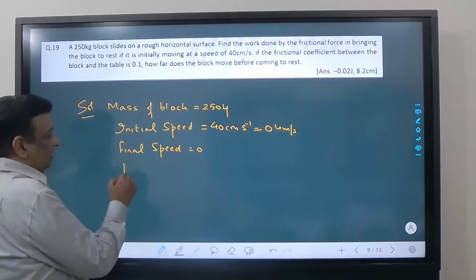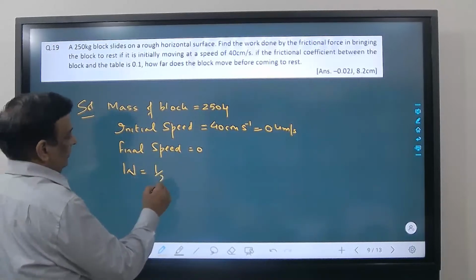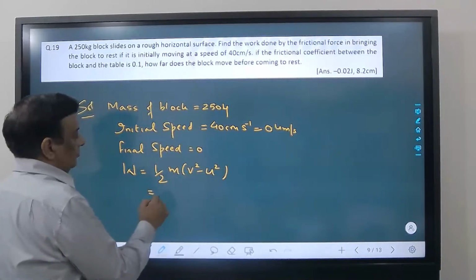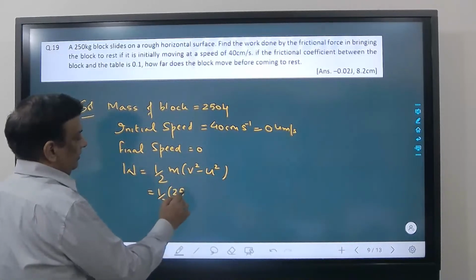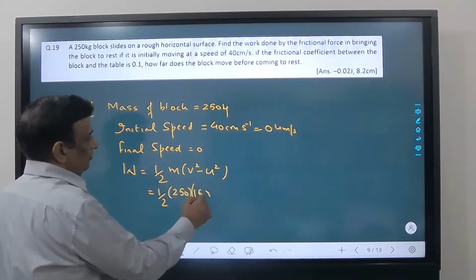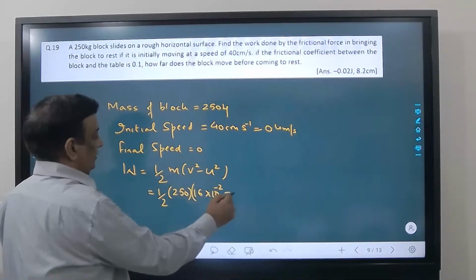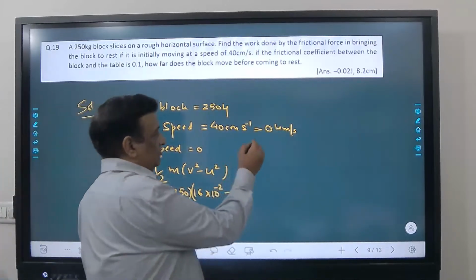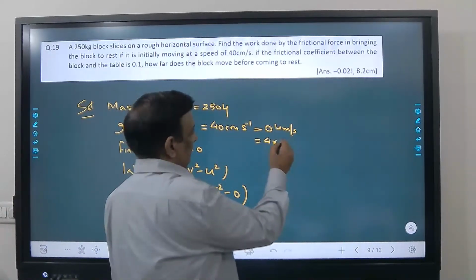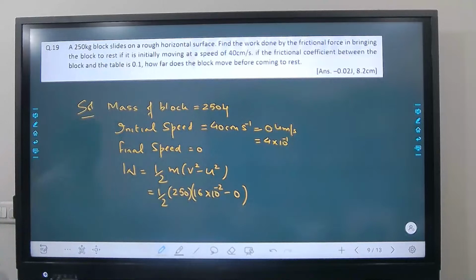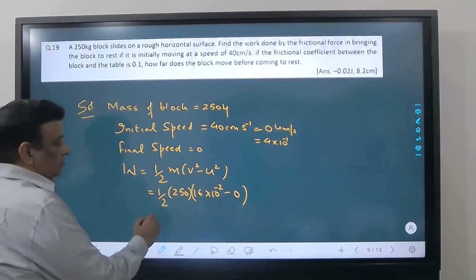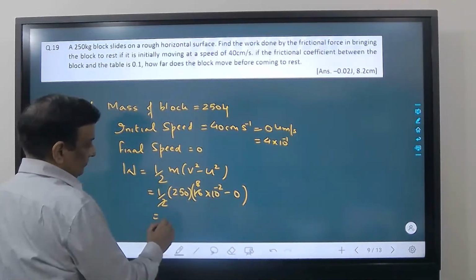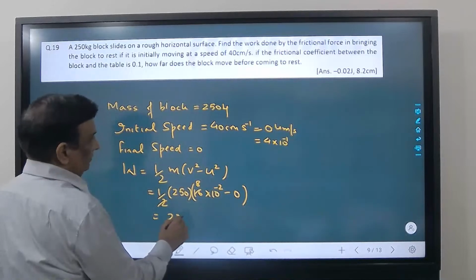हमने बताना है how much is the work done. Work done is change in kinetic energy. That's half into 250. This one means 16 into 10 raised to power minus 2 minus 8. Because this 4 into 10 raised to power minus 1. So इसको solve कर दो. This is 8. 250 into 8 is 2000.